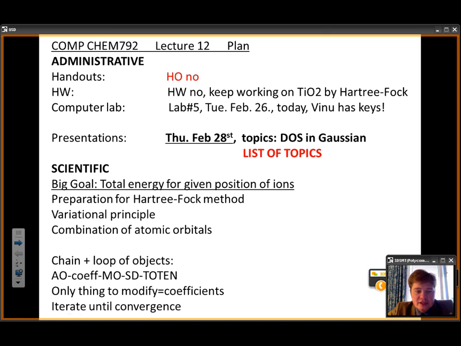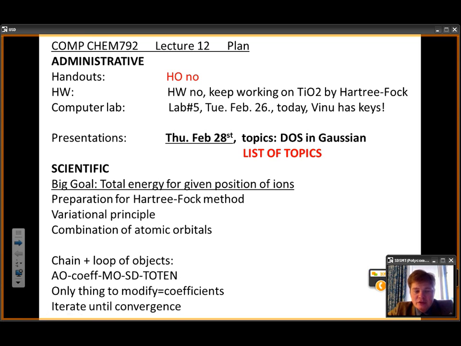Okay, and here's a little overview of subjects that I'm going to briefly cover. So I will introduce the so-called variational principle, and then I'll talk a little about how one gets molecular orbitals as a superposition of atomic orbitals, and why it is important as a part of Hartree-Fock theory.